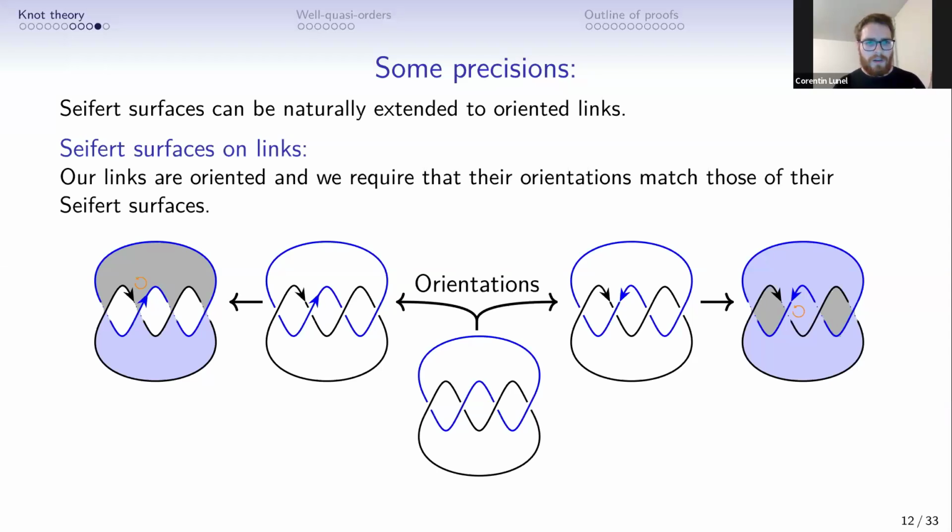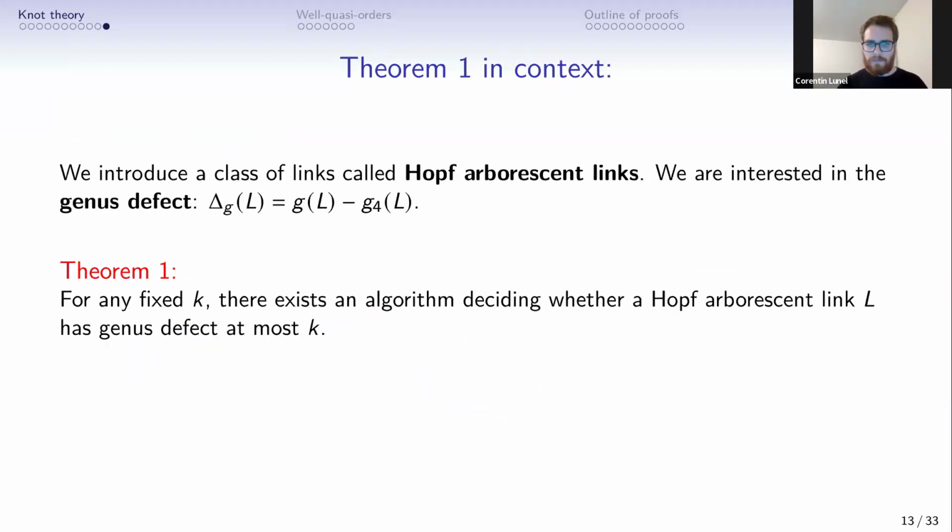And now that we have all the context, let's present again our theorem 1. So we introduced a class of links that is called Hopf arborescent links, and we are interested in their genus defect, which is the difference between the classical genus and the four genus. And because there are two notions of four genus, there are two notions of defect, but our theorem is valid in both categories.